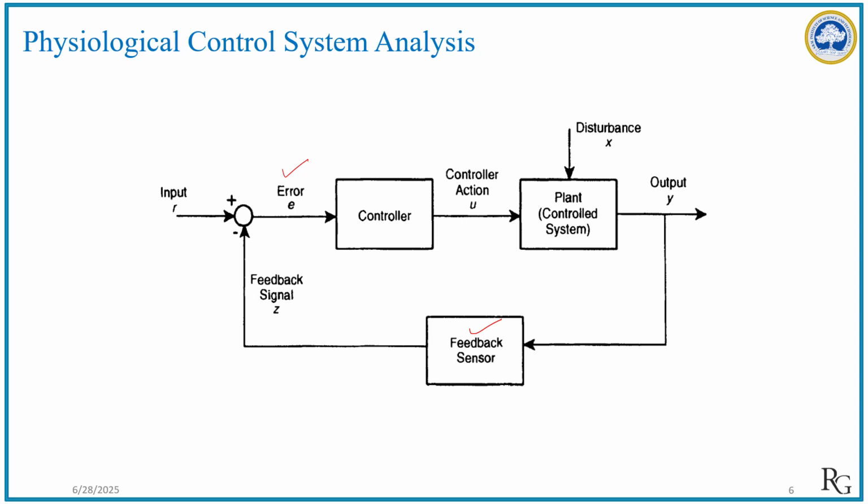Depending upon the error, the controller generates the control signal or control action, and that control action controls the output of the plant. So the deviation of the output because of the disturbance is constantly checked, and the control action is updated depending upon the requirement.